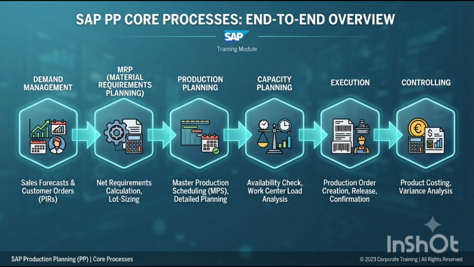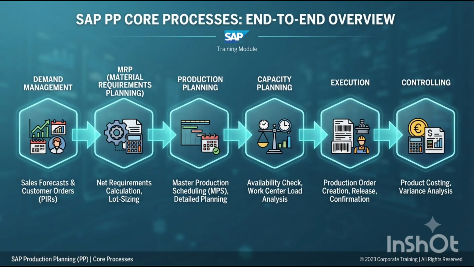The SAP PP module follows a systematic process flow. It starts with demand management, where we forecast and manage customer demand. Then comes material requirements planning (MRP), which calculates exact material and production needs. After MRP, we do production planning and detailed scheduling.